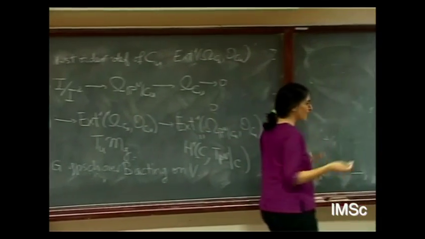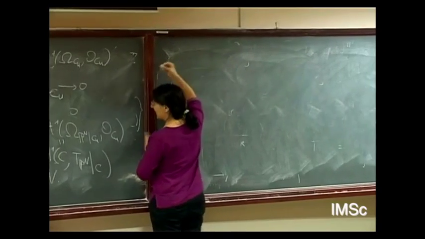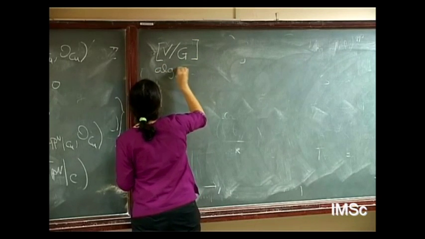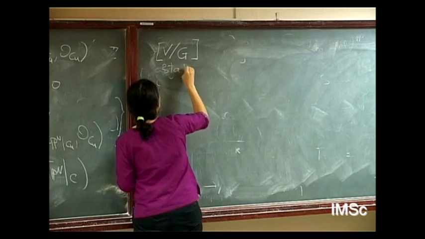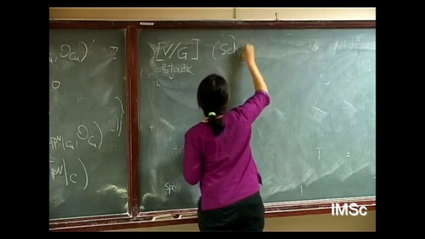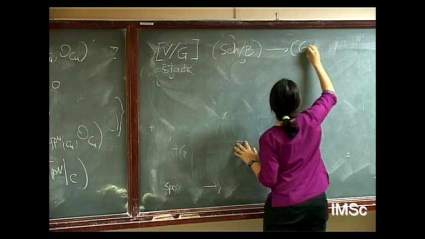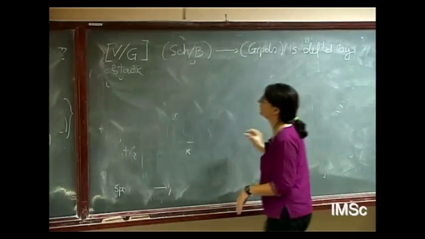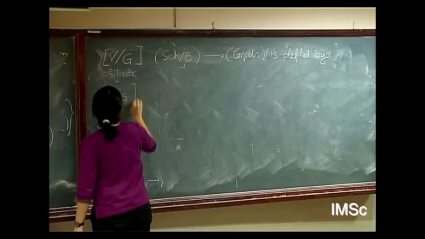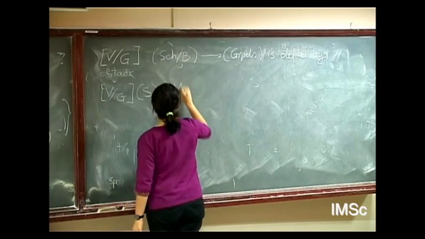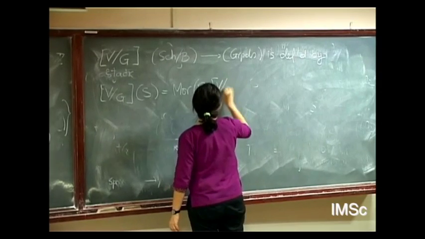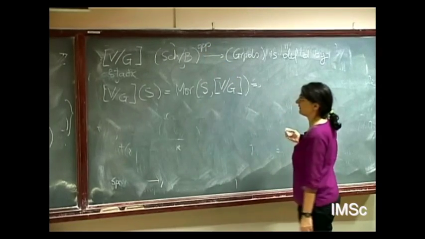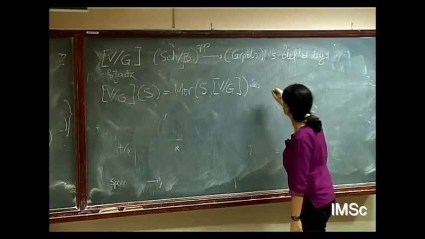So you can either verify by yourself or believe me that the natural thing is to define V over G as an algebraic stack, or let me insist that first it's a stack, from schemes over B to groupoids, defined by V over G of S, which, remember, replaces the morphisms from S to V over G. I have to give you a category, so I have to give you what are the objects.